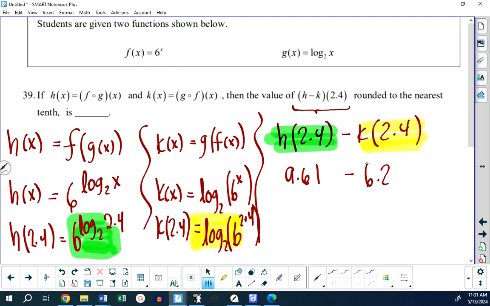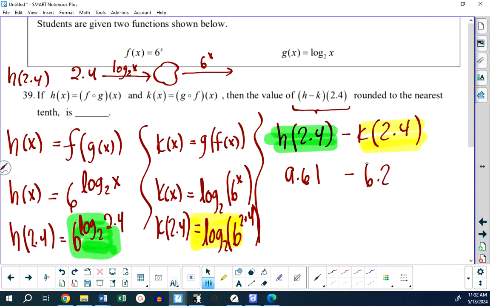for h of 2.4. I just would have gone 2.4 through log base 2 of x, and then run it through 6 to the x, and then done the same thing with the other one. Make sure I have that order right. Yep.